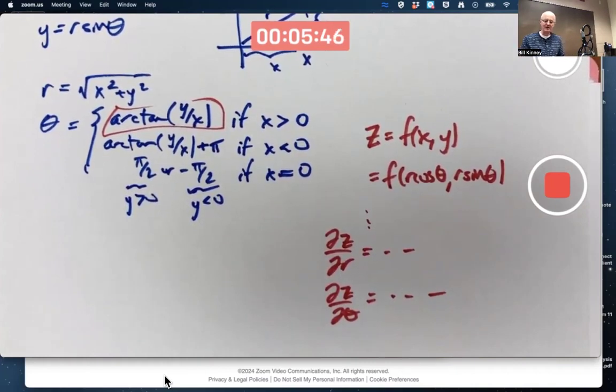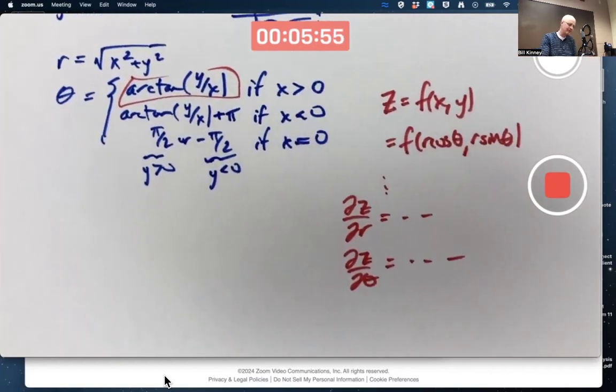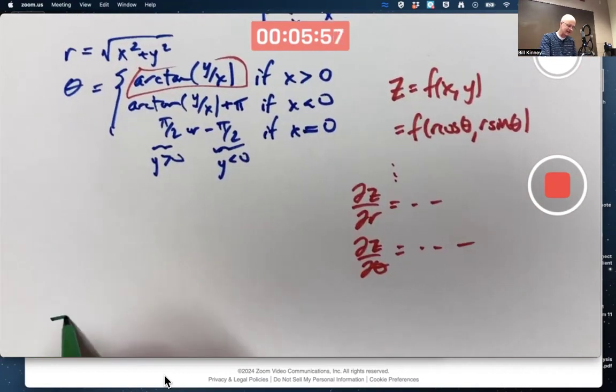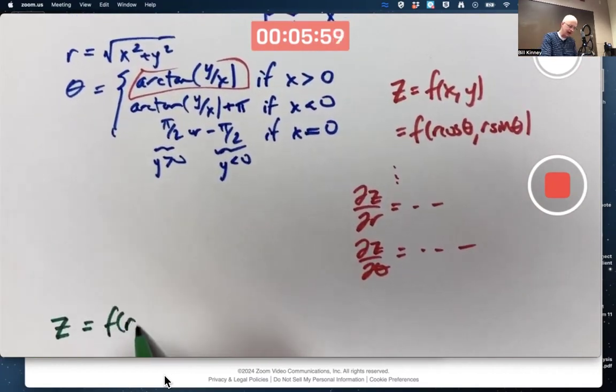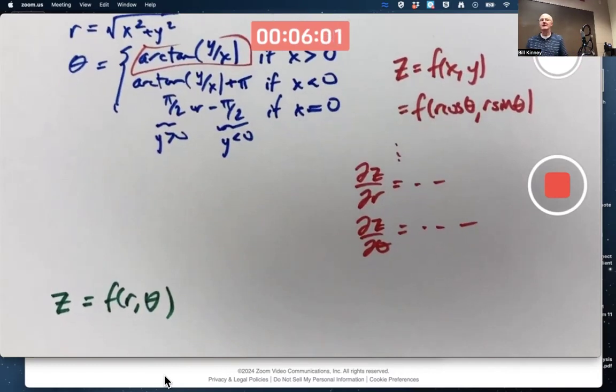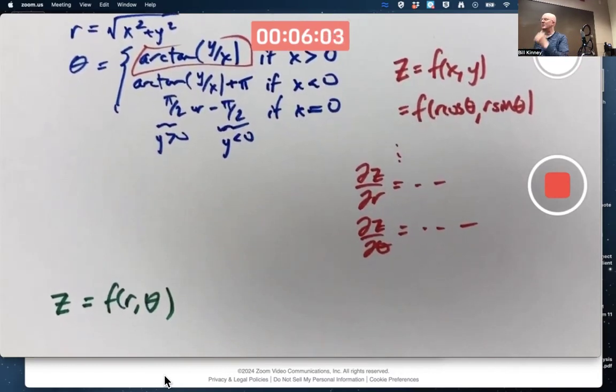Maybe you've got a function best described in polar coordinates first, and you want to figure out its dependence on rectangular coordinates. Maybe you've got z equals f of r theta. It's just simplest to describe your function in polar coordinates at first, but then you want to figure out how it depends on x and y.